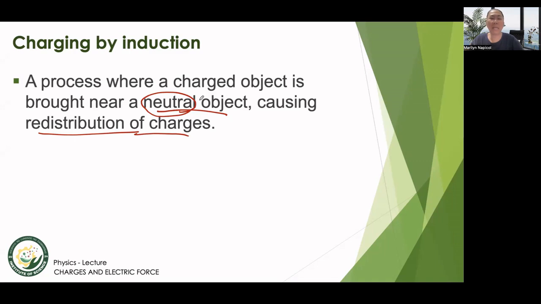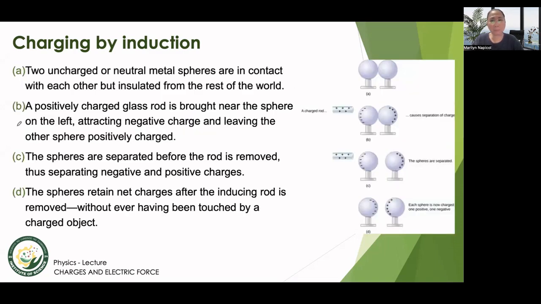So, kapag nilapit natin yung charged object na yon, whether that's a positively charged object or a negatively charged object, doon sa ating neutral object, ang nangyayari is nagkakaroon ng redistribution of charges. Pag sinabi nating redistribution of charges, ang ibig sabihin nun, parang nare-rearrange yung arrangement ng iyong positive charge and negative charge.